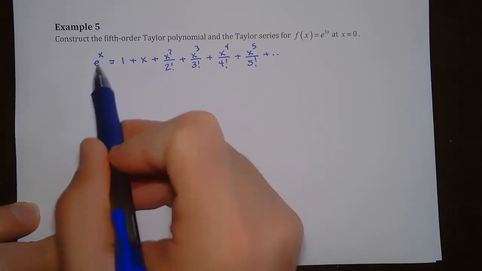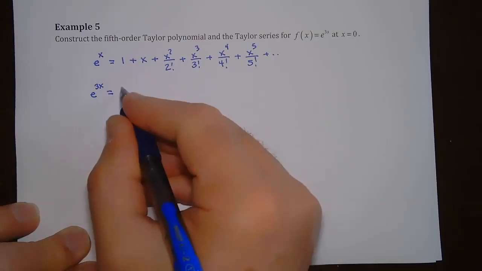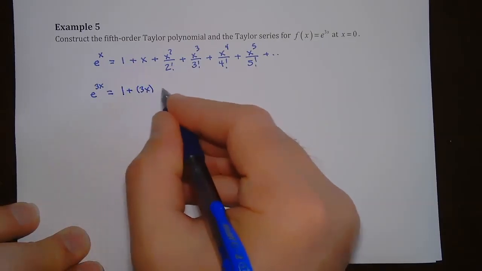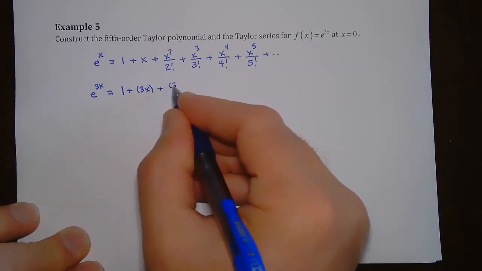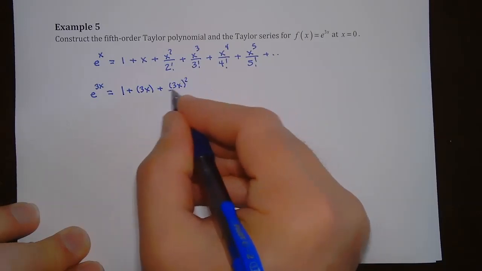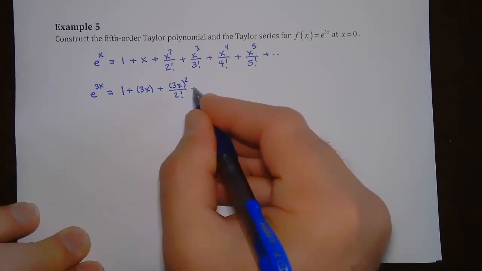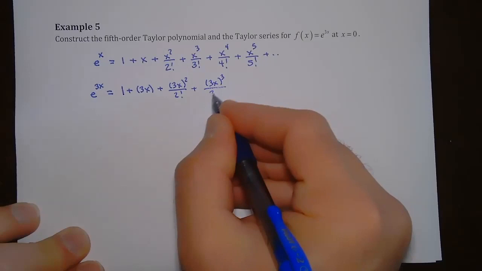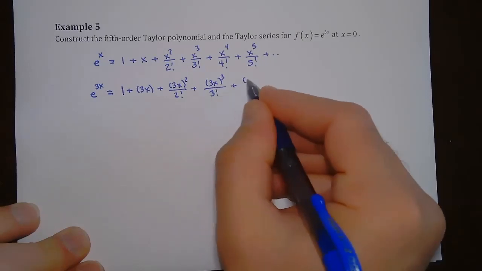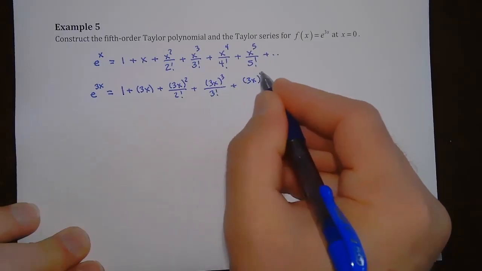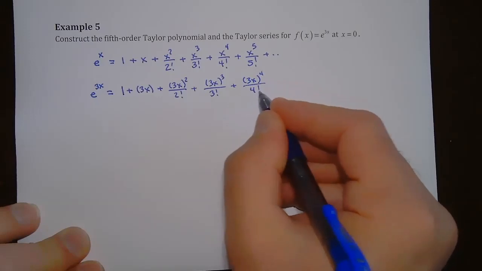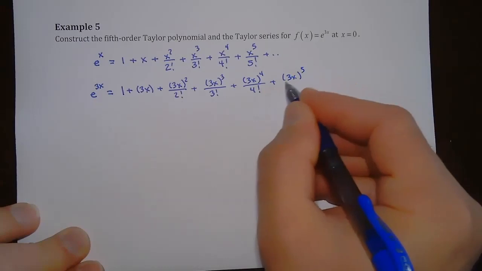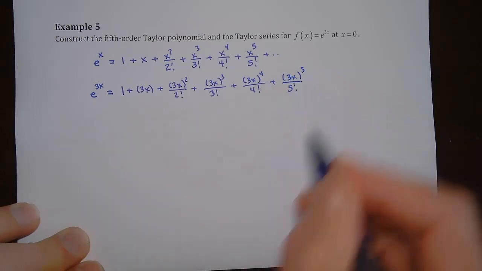So 1 plus 3x plus 3x squared over 2 factorial plus 3x cubed over 3 factorial plus 3x to the 4th over 4 factorial plus 3x to the 5th over 5 factorial.